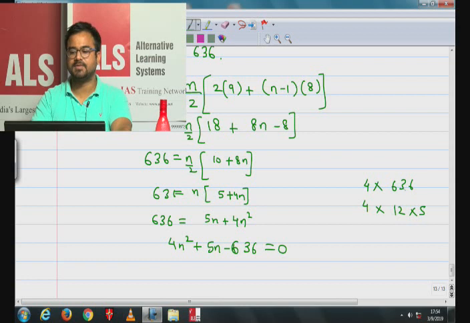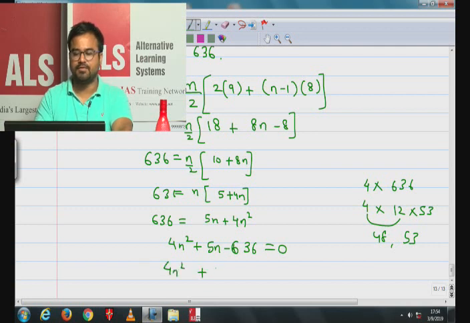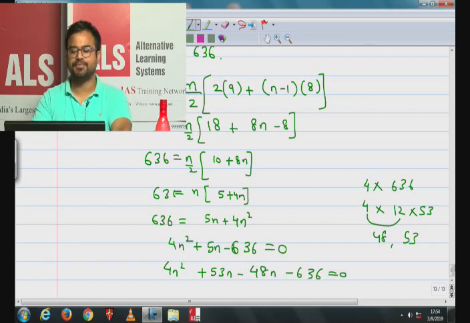So 12 times 53 and 12 times 4, so 48 and 53. The product of 48 and 53 is equal to the product of 4 and 636, and the difference is 5. So we can write 53n minus 48n minus 636 equal to 0.